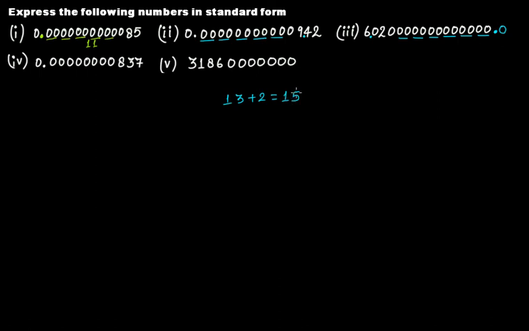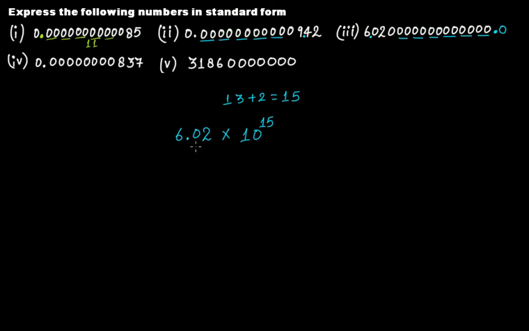Now when you do this, you write it as 6.02. You don't need to put this many zeros here. Just remember this number and write it as 10 raised to the power of 15.